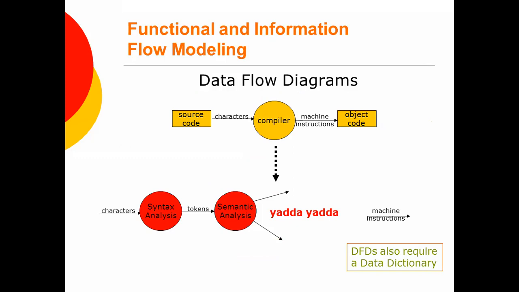This source code goes to the compiler in the form of a number of characters, which we can also call tokens. So the source code will be divided into a number of tokens, and these tokens will go to the compiler as an input, and after that we will get the machine instructions. These machine instructions will form the object code.